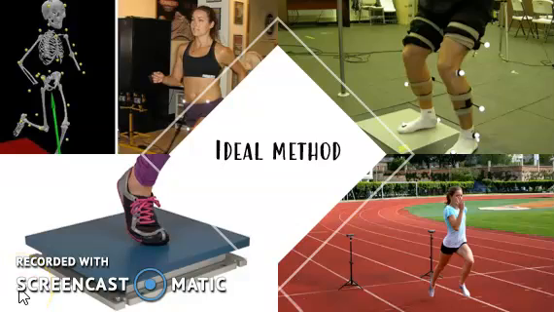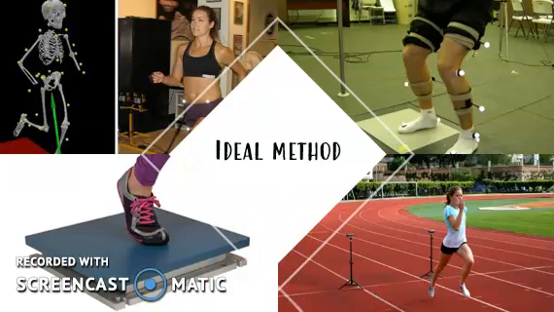To measure forces, ideally we would use force plates, and these are basically scales, and they measure the force that is applied to them at around 1,000 times per second. So when we jump on these plates or run on these plates, they measure how hard and the force and the pressure that we are forcing onto the plates, and for how long we have stayed in contact with the plates.